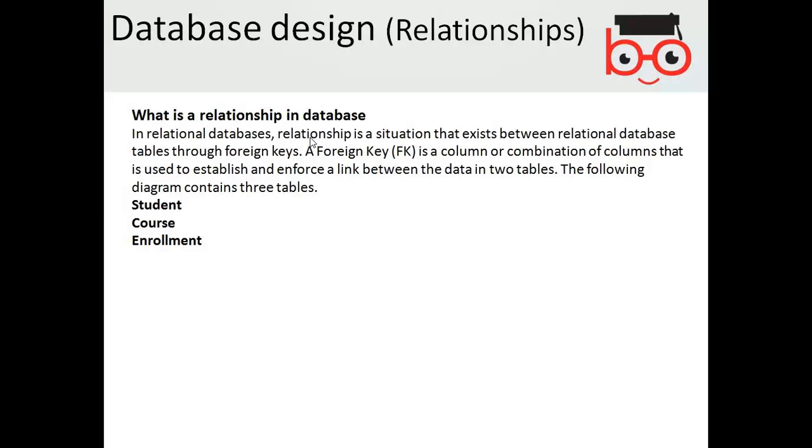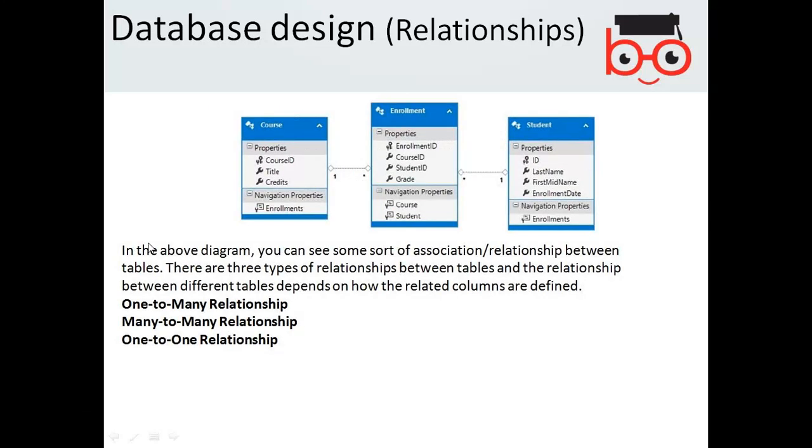Hence, the database is called a relational database. As we discussed in the very beginning of this lecture, the relational database is the database which is in the form of tables, and they have some relation with the tables. Now let us see how the tables of student, course, and enrollment create a relationship.